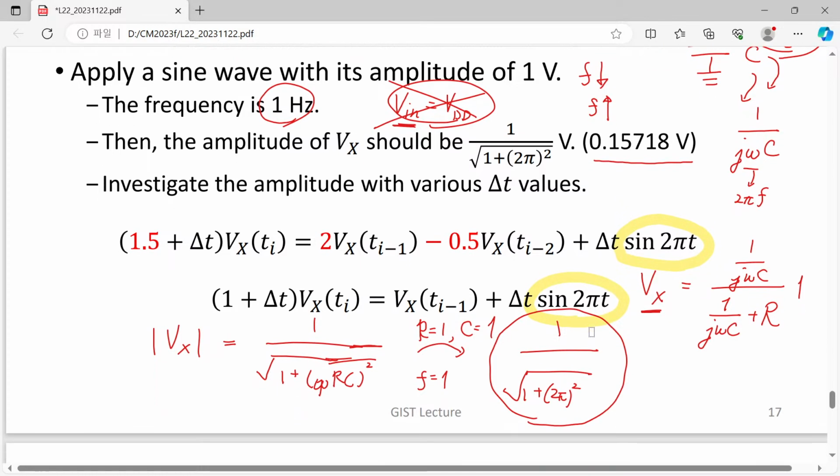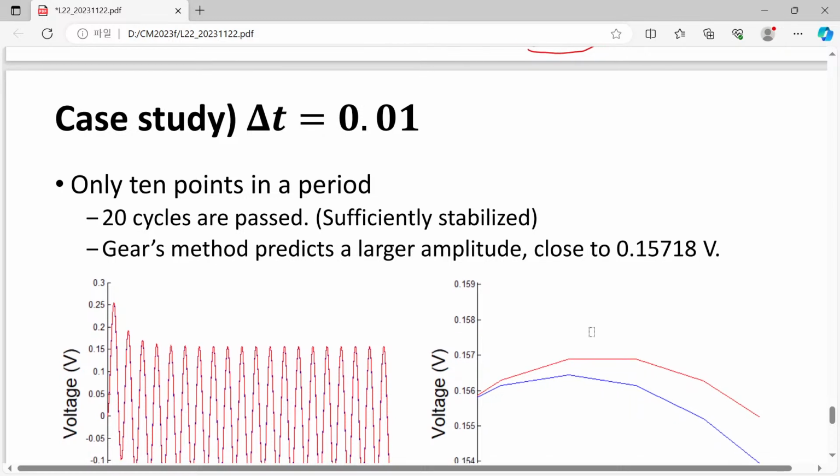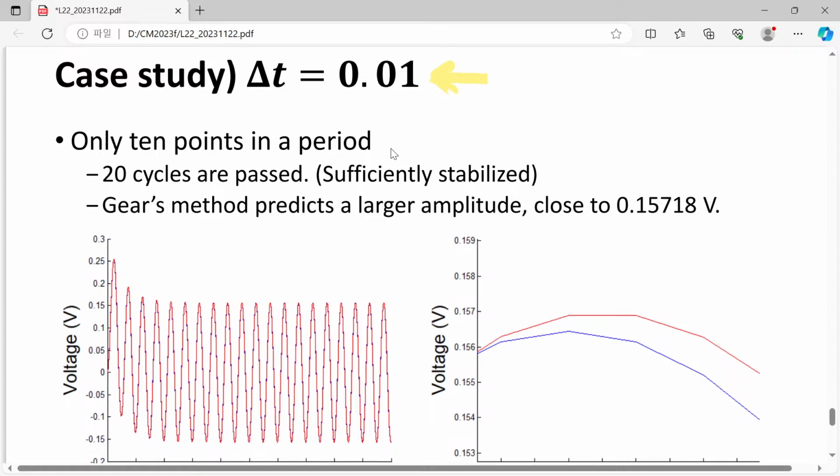Then let's go to the case. I just want to show you one specific case, delta t equal to 0.01. We could try 1 second or even different values, but this is not that good for our comparison, because if delta t is too large, then the simulation results are not that good.